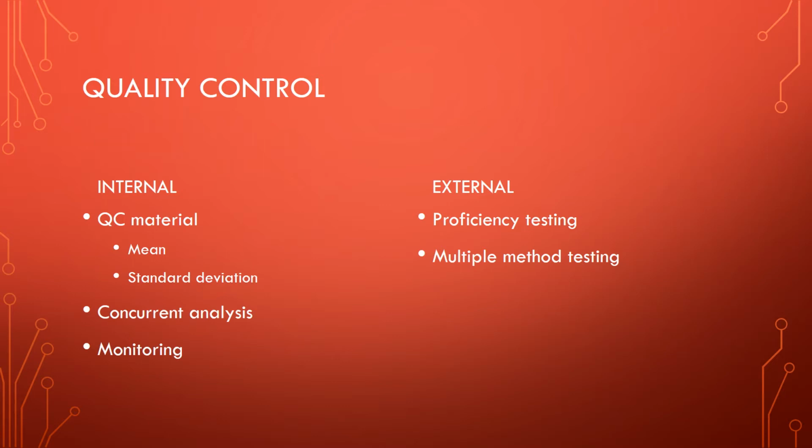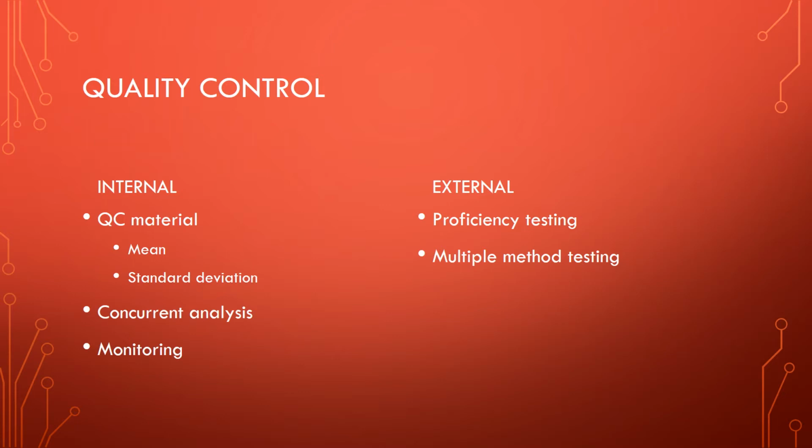You need to be able to monitor your quality control over a long period of time, week to day to month, to make sure that you're catching any systematic errors that might be occurring within the instrument, or maybe the quality control material is degrading, or maybe there's something that's changed with your processing systems.